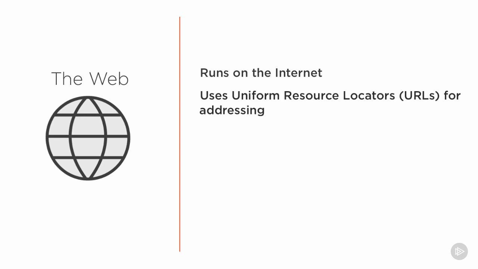The way that we communicate on the web, of course, is using things like URLs. We use a URL such as www.pluralsight.com. And the advantage of this, of course, is that we have a standard format structure that gets converted, using something we looked at earlier called DNS, into IP addresses.